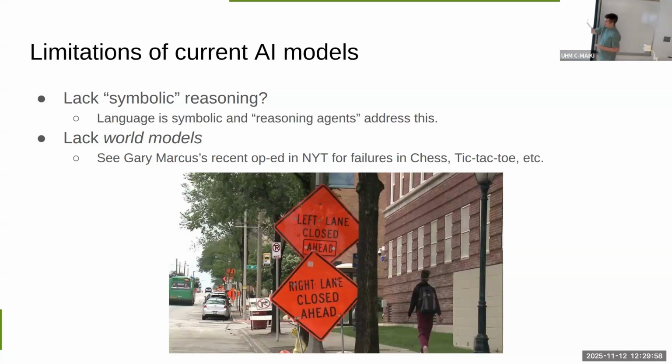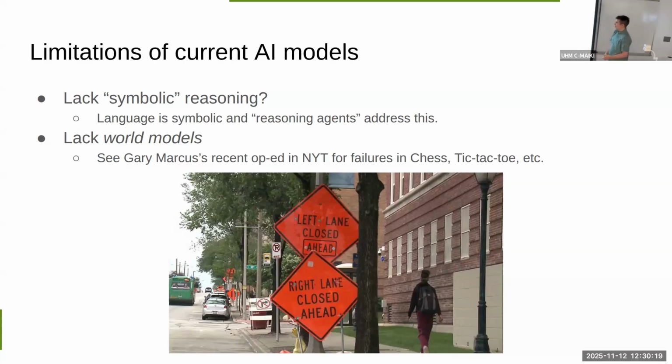Gary Marcus is a famous computer scientist who's written a few op-eds in the New York Times recently about this. He gives examples where if you ask ChatGPT to play chess, it proposes incorrect moves because it doesn't have a model of chess.